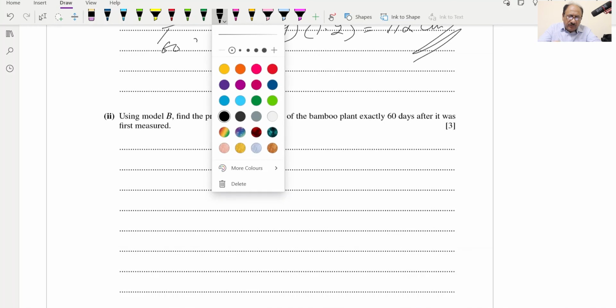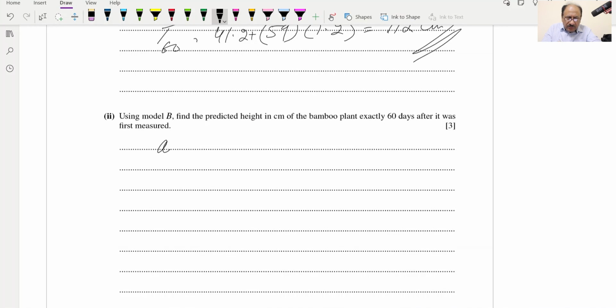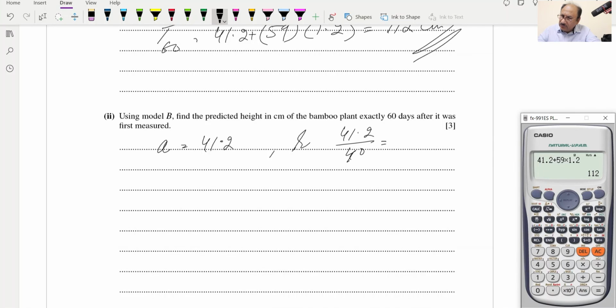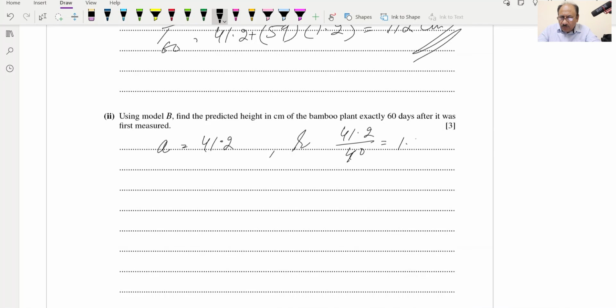A value will be the first term, which we can write A is equal to 41.2, and R value will be the second term divided by the previous term, so 41.2 divided by 40. We can check with the help of a calculator, it will be 1.03. So 1.03 is the R value.